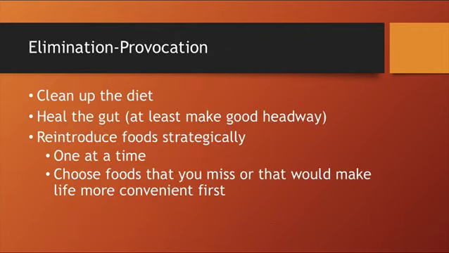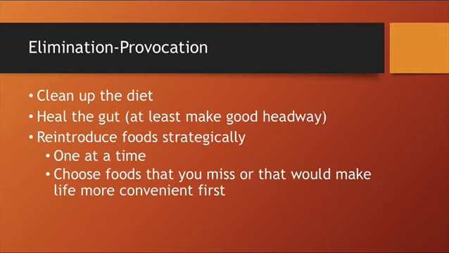So let's talk about elimination provocation. If we have an issue with the way most tests are done, and if we understand that there's this disconnection between how tests are designed and how the immune system is organized, then the fallback for us in most of our cases is elimination provocation. Now, even if you do a food reaction test and you get a report that says these are okay and these are not, because we know that test will miss something, you're still going to have to do elimination provocation.